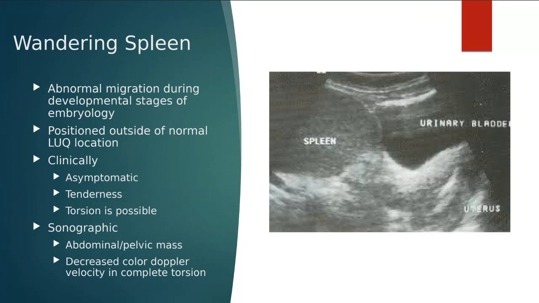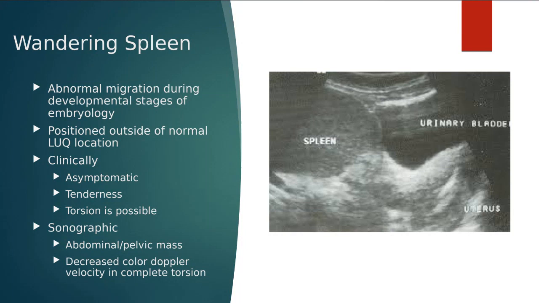So it gets stuck somewhere in that transition from the pelvis up to the left upper quadrant. So we want to be looking in that region. We want to be scanning down into the pelvis, looking in the inguinal canal to see if that's where our spleen is located, or even looking a little more midline towards the pancreas, or a little more superior, closer to that diaphragm.